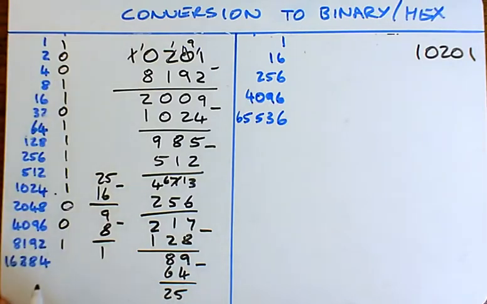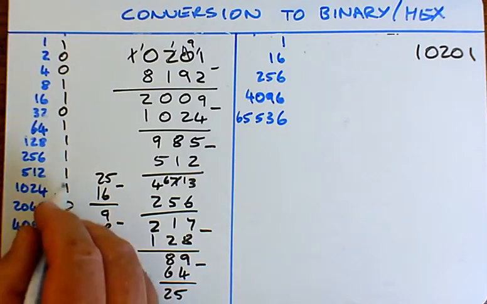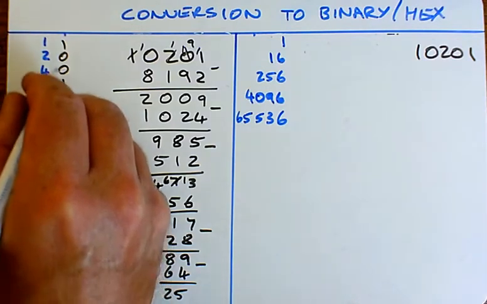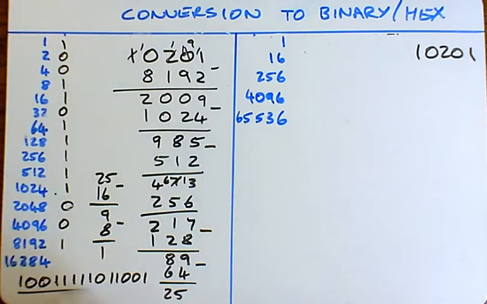So I can see here that my conversion to binary is 1 0 0 1 1 1 1 1 0 1 1 0 0 1. Okay, so a 14-digit binary number.